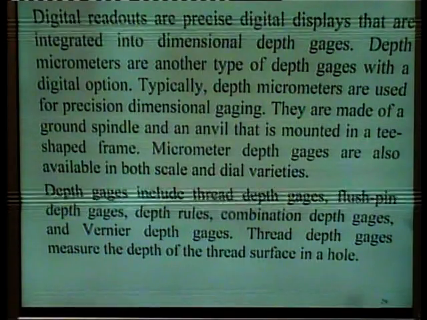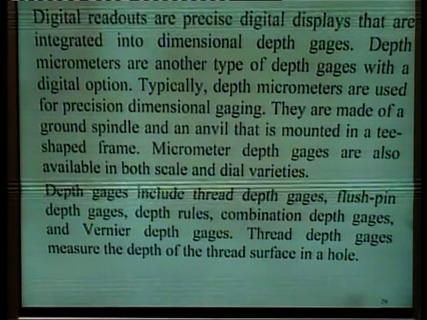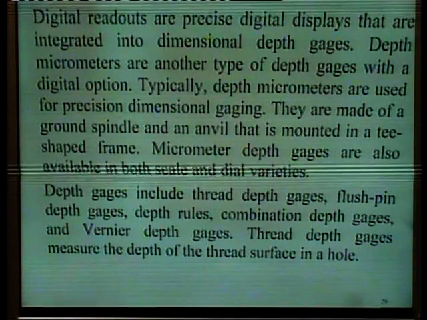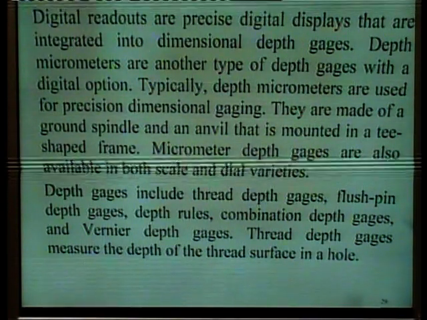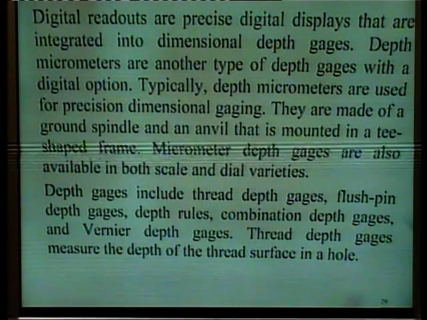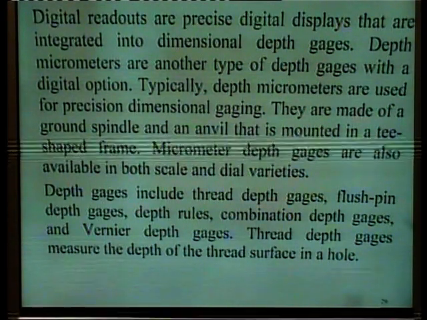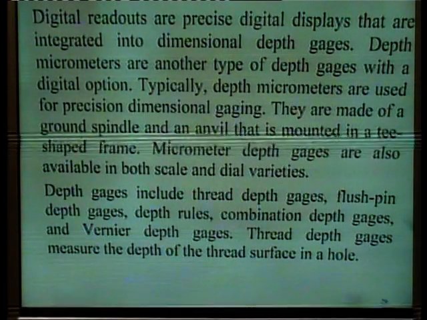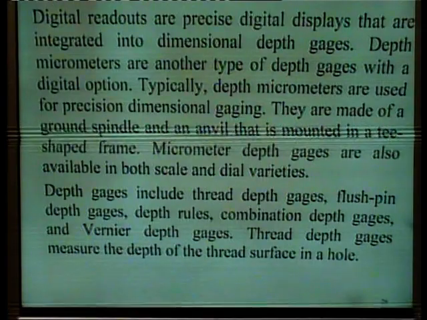Typically, depth micrometers are used for precision dimensional gauging. They are made of a ground spindle and an anvil that is mounted in a T-shaped frame. Micrometer depth gauges are also available in both scale and dial varieties.